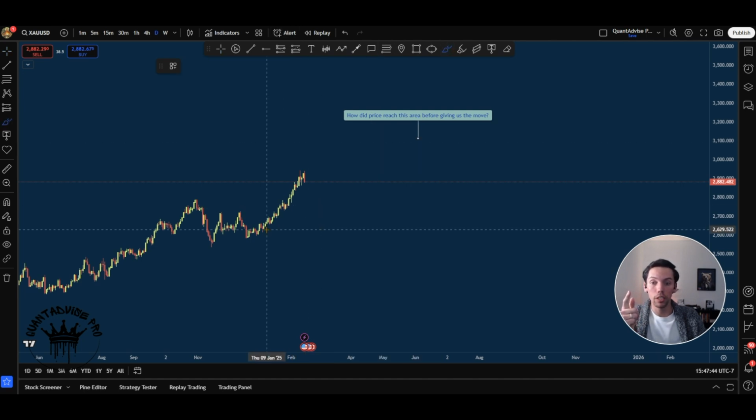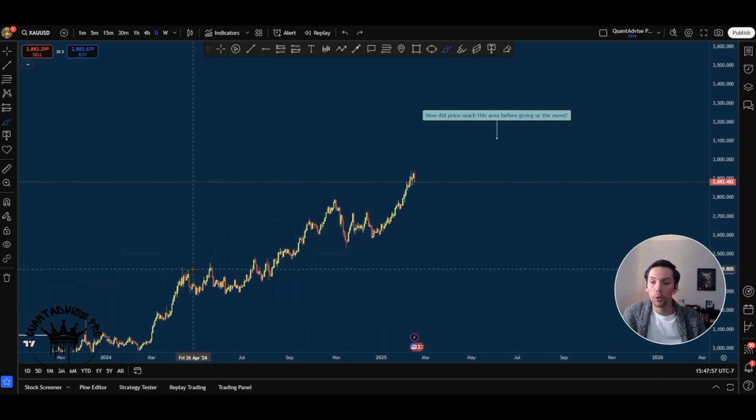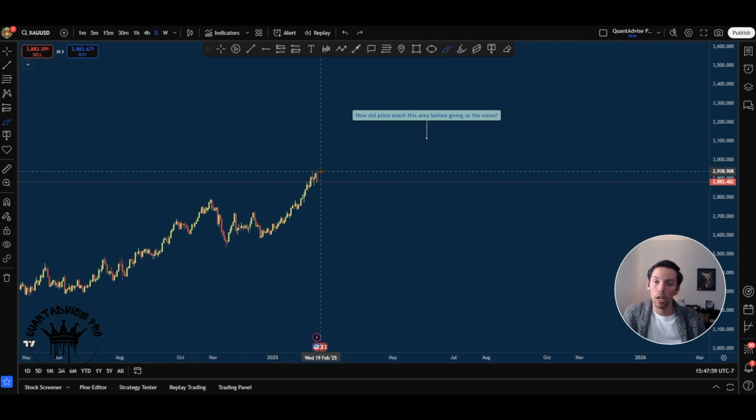So what I'm noticing is this whole move up was very corrective. It wasn't these huge candles like we're seeing there. Price was super corrective when it was reaching this top before we got this last engulfing candle on our daily.